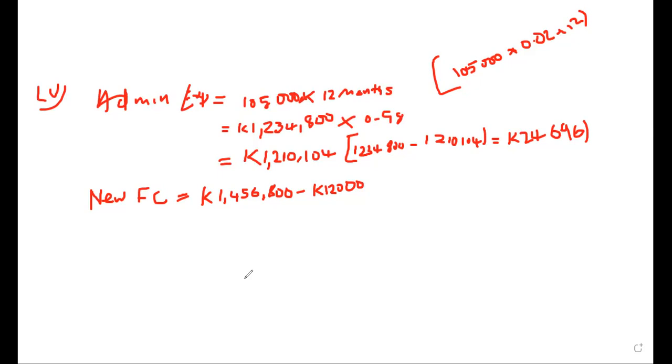Getting different figures. I don't know, let's take a calculator. Let me do it for the last time. 105, 0.02. Yeah, I didn't type properly. So that one we multiply by 12 months.